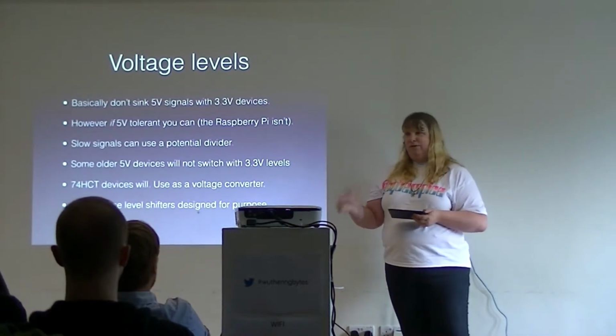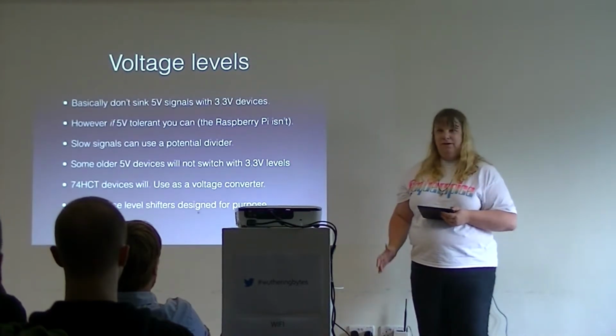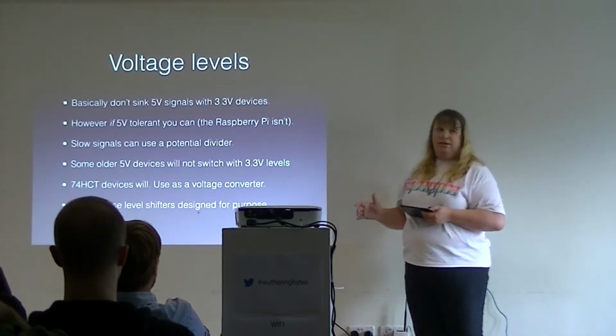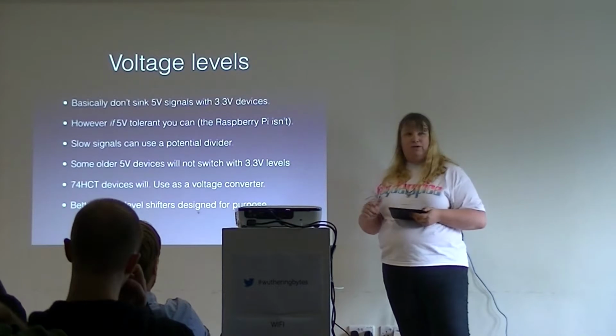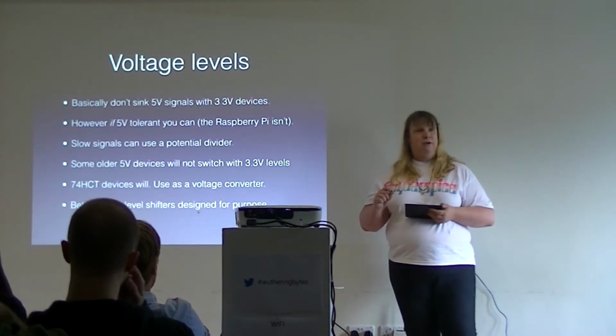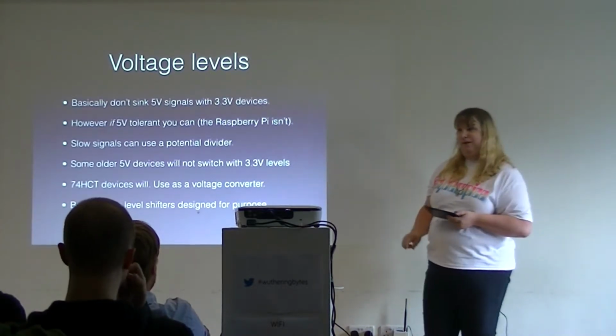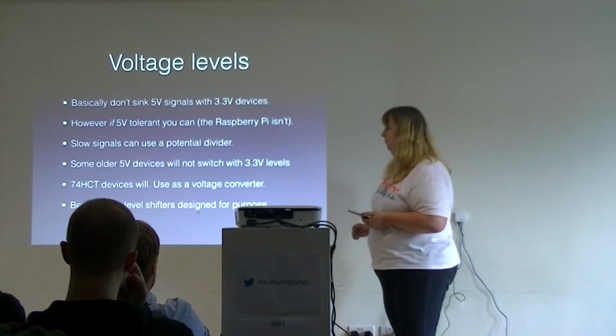If you connect 5 volts to a 3.3 volt thing, normally it'll make it go pop. There are devices that are called 5 volt tolerant, but you have to know they are, and a Pi isn't one of them. So don't connect 5 volts direct to a GPIO pin. On a Pi, you'll pop the pin.